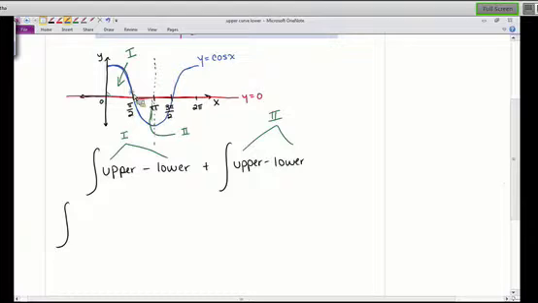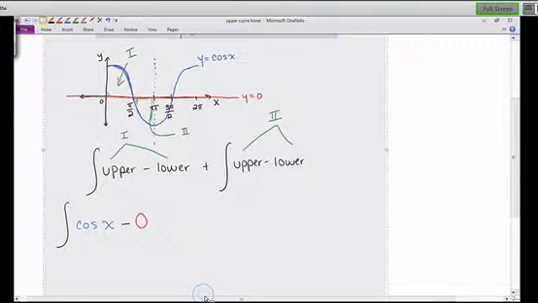Our upper curve is what I have in blue, our cosine. So this is going to be cosine x minus the lower curve. In the first shaded region, our lower curve is y is equal to 0, which is what I have in red. So therefore, it's going to be cosine x minus 0.